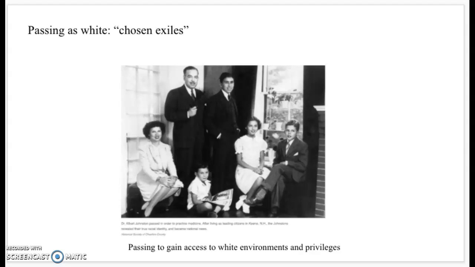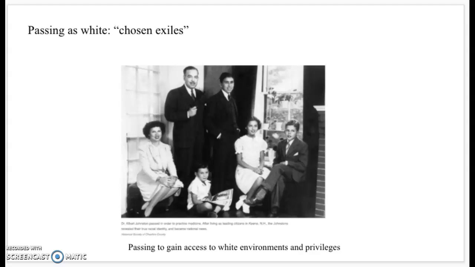So when you think about this idea of passing, you see these are black people who choose to, in many cases, their parents choose this for them, because of the advantages that you get in terms of class, in terms of racial identity, and in terms of economic opportunities and even property.